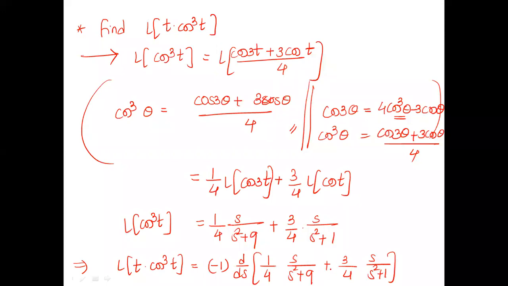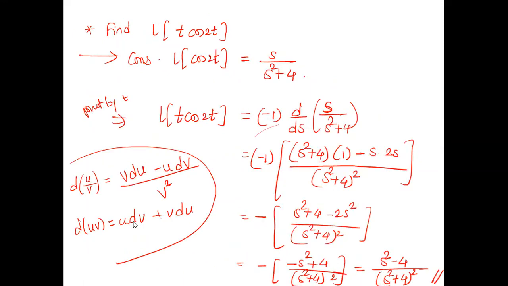Derivatives with addition. Do you know this? Derivative of u plus v is derivative u plus derivative v. And in case of minus also we can separate. But in case of division and multiplication, we cannot just separate. We have to use this formula.